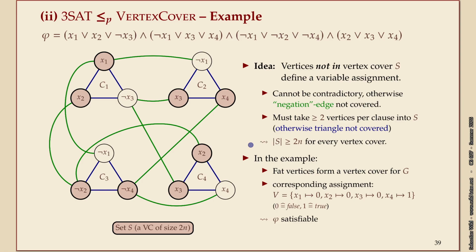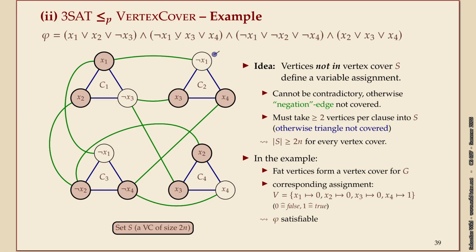And then the key observation is that if that formula is satisfiable, it means there's a way to set the variables so that in each of those clauses, at least one of the 3 is true. And then you can pick the true thing and make that not part of the vertex cover, but take all the other vertices.